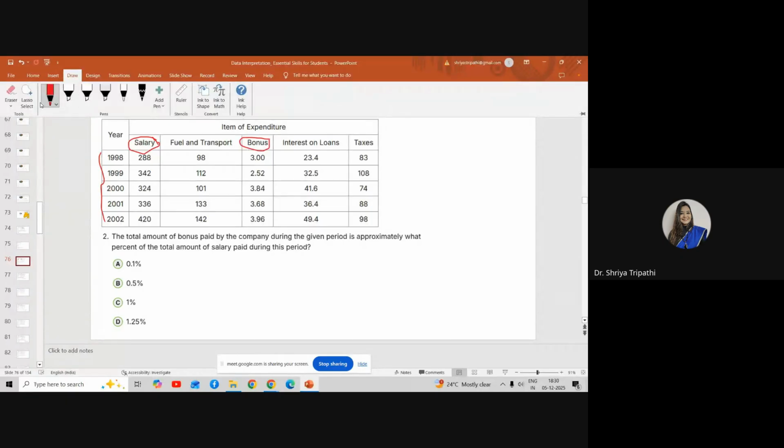Anyone got the answer? Please write in chat box.